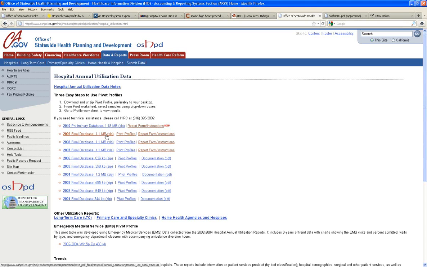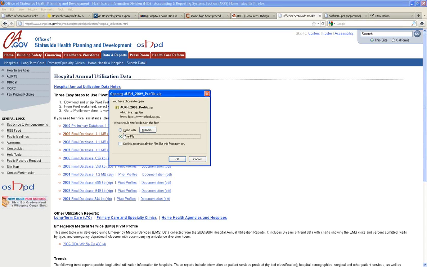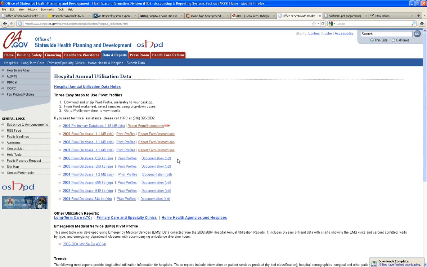And before we look at the data itself, assuming that you've downloaded those, just to give you an idea of what it will look like when you actually do that, when you click the pivot profiles, you will see a box like this with the option of saving it or opening it, and then you would need to unzip the file, which would look like this.